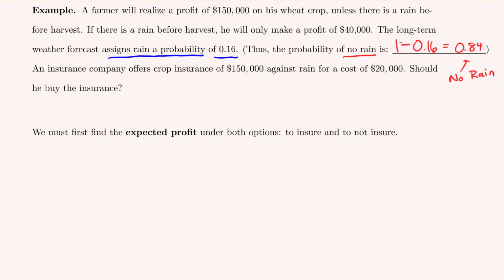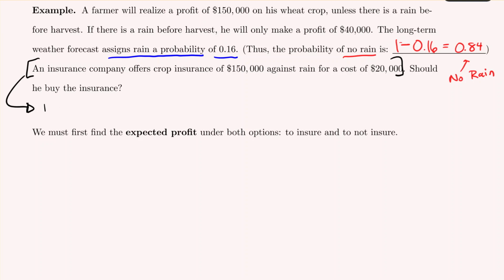Now, an insurance company will offer crop insurance of $150,000 against the rain for a cost of $20,000. So let's translate what this means.